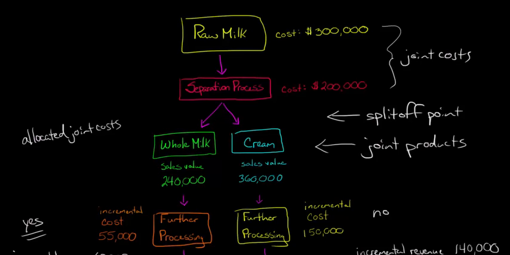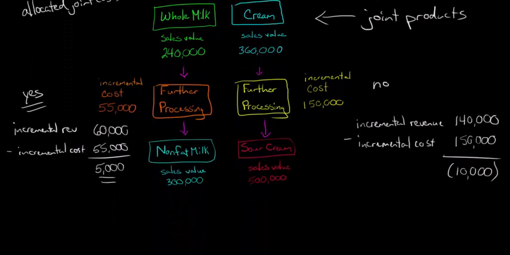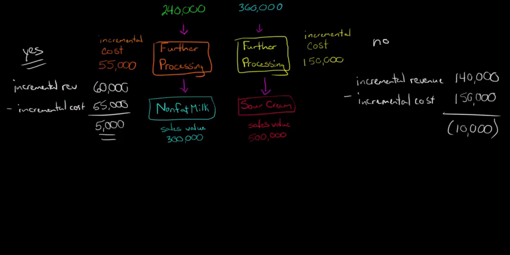So 50% of 500,000. The reason I got 500 is I just took the 300,000 for the raw milk and 200 for the separation process. If we take 50% of that, we allocate half of those 500,000 to one product line and half to the other. Then let's look at this non-fat milk.